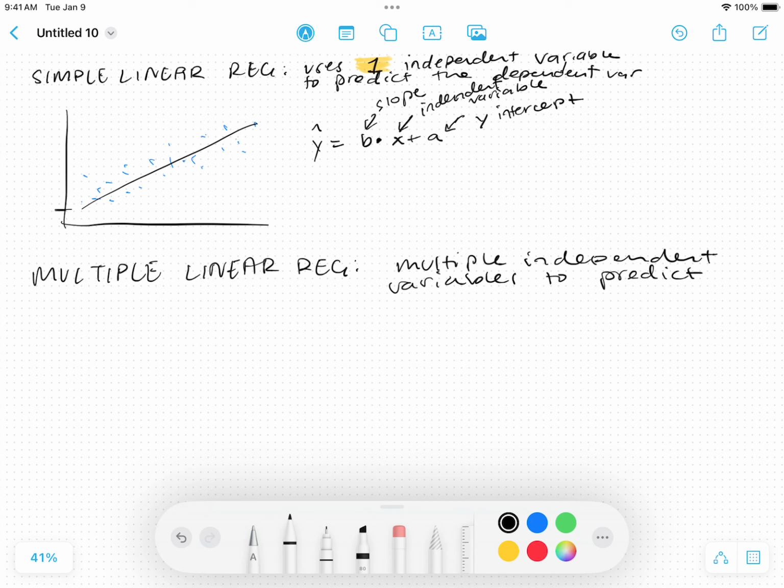We have several independent variables here, and so the equation is going to look different. The equation is y hat equals b1 times x1 plus b2 times x2 plus, let's say, bn times xn plus a.